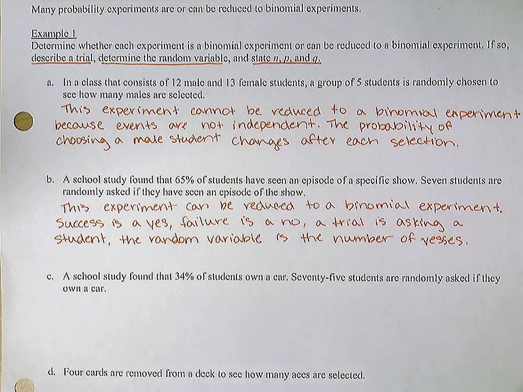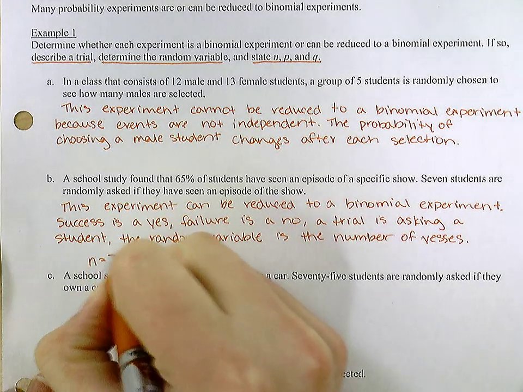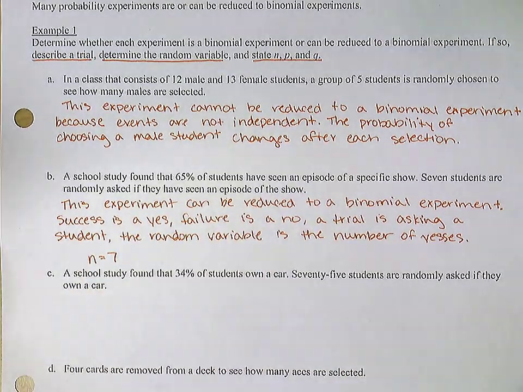So again, N is how many trials there are. So how many trials do I have in this scenario? 7. Okay, so your number of trials, N, is 7. What is your probability P of your success?